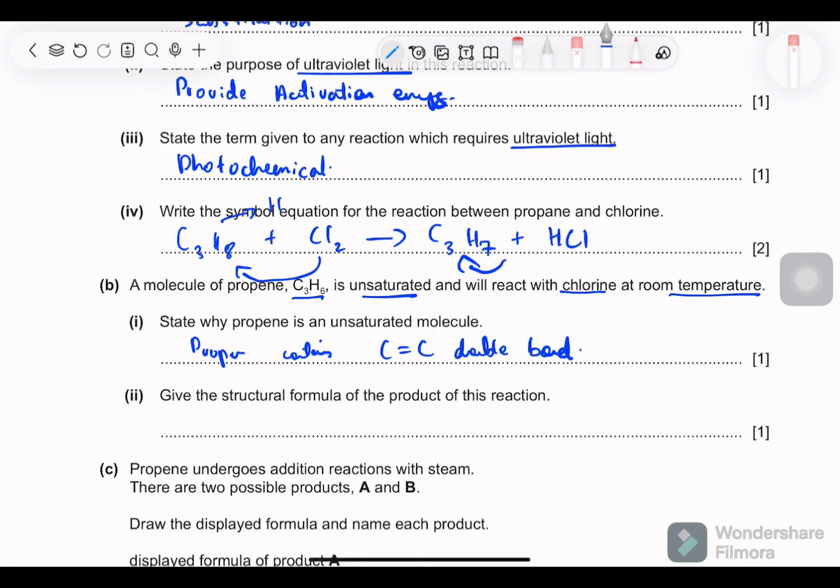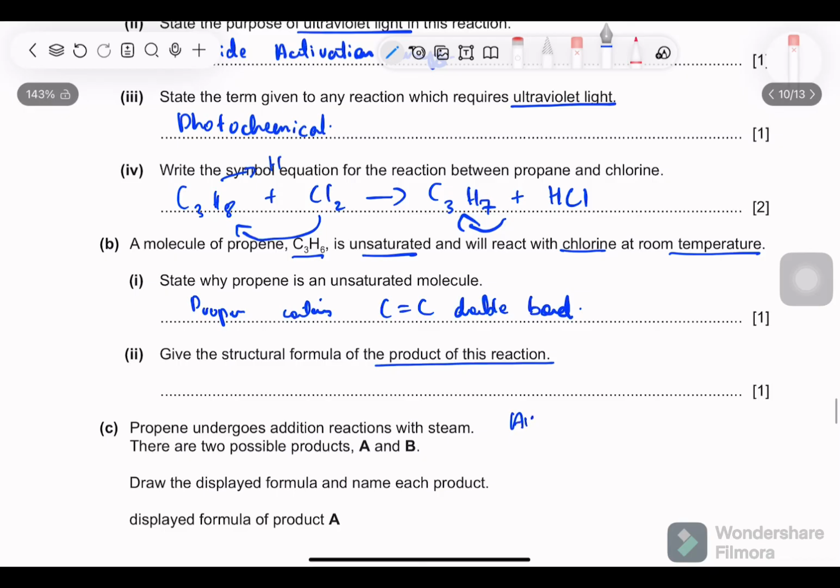Give the structural formula of the product of this reaction. When an alkene reacts with any halogen, or chlorine in this case, the product is a dibromoalkane, or dichloro in this case. If this was bromine, it should have been dibromoalkane. What this alkane is depends on the number of carbons in the alkene.